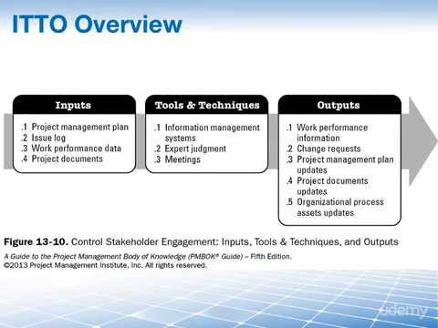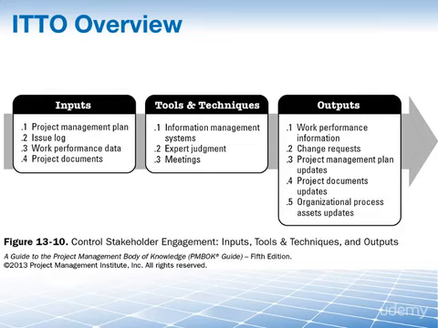We do all of this to keep our stakeholders engaged and to keep our stakeholder relationships as a priority. We change things to keep stakeholders satisfied. We update the project management plan to keep things in line with expectations, and we update our lessons learned in the form of our organizational process assets for use in future projects.